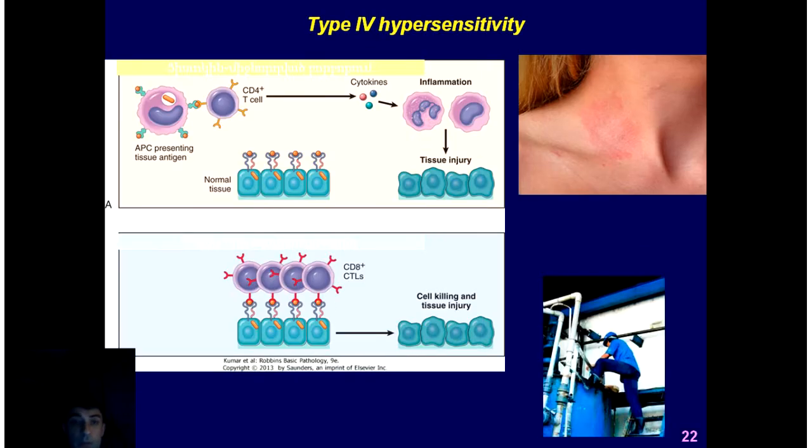Both could lead to damage in our cell tissues. In one case, it is through CD4 cells, as we mentioned, which promote inflammatory damage to the cells, mainly through production of various kinds of cytokines and chemokines, which invite neutrophils and monocytes to the site of the damage, and they result in destruction of this tissue.